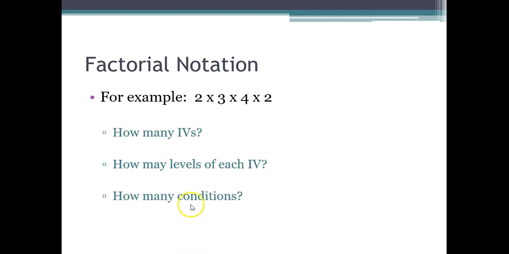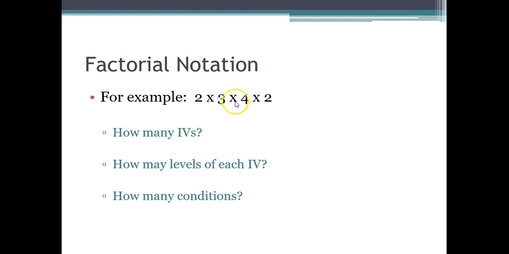So in this case, if we have a 2 by 3 by 4 by 2, how many independent variables do we have? Well, we're just counting the numbers that are there. So there's one number, 2 numbers, 3 numbers, 4 numbers. We have 4 independent variables. How many levels of each independent variable? The first independent variable has 2 levels. The second independent variable has 3 levels.